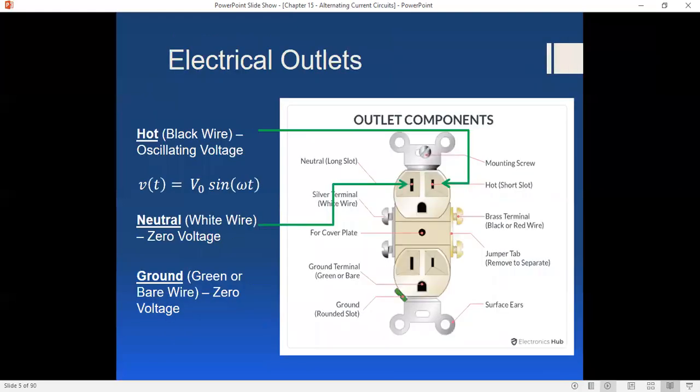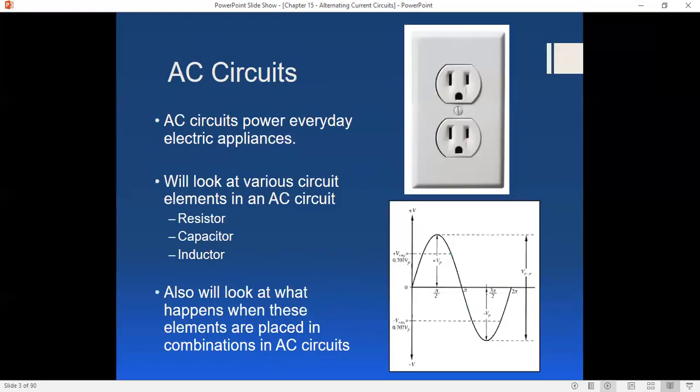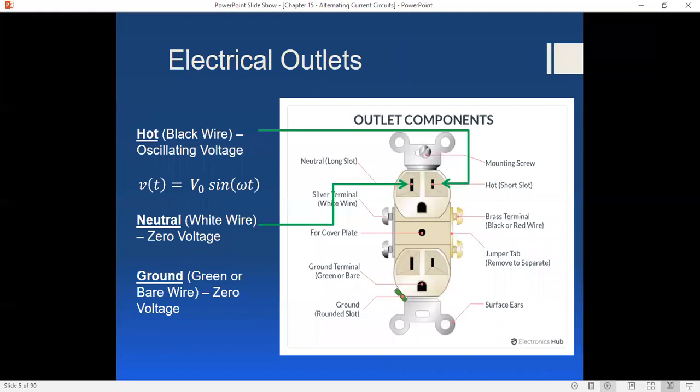Now, going back to this outlet, this is actually with the cover removed. If we go back 2 slides, we can see here is the protective cover on the outside. This is usually a plastic or metal covering that's going to cover everything up. If we remove that, we can see the rest of the outlet.